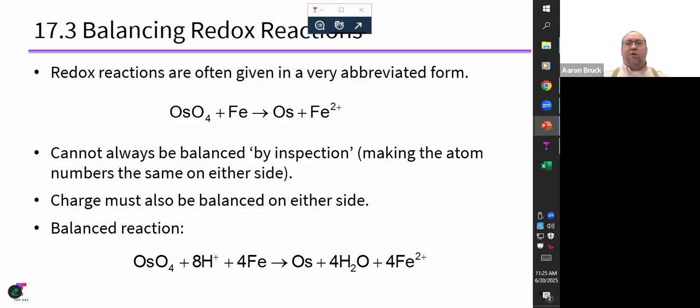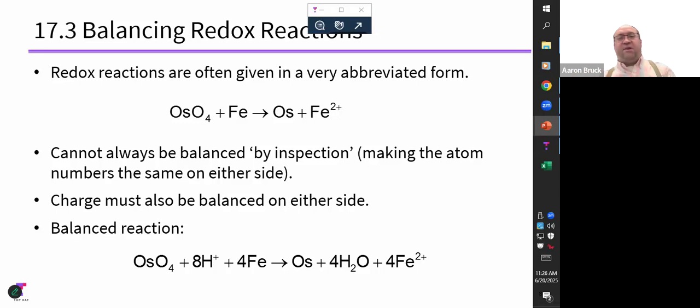One of the reasons it does not work is because with redox reactions in this net ionic form, we usually have charges that we have to consider. And in 105, we focused mostly on the law of conservation of mass, the law of conservation of matter. We didn't really ever talk about charge balance. But charge balance is important too, because we need to have equal numbers of electrons on both sides as well.